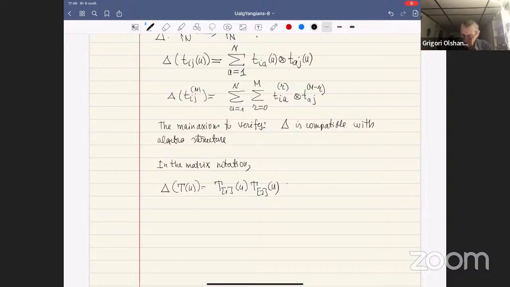This is an element of what? Let me write it as follows. Here V is our vector space, and this is by definition my Yangian tensor formal power series.